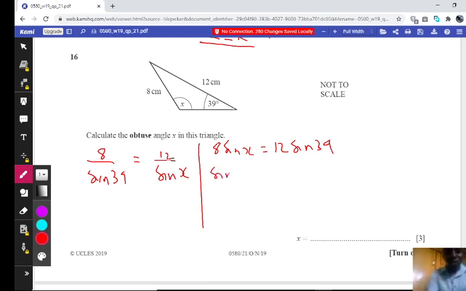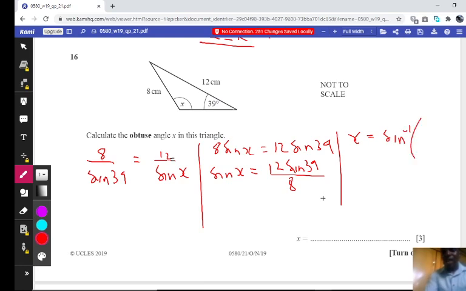If you divide by 8, you get sine x equals 12 sine 39 over 8. Then to get x, you say x equals, introduce arc sine of 12 sine 39 over 8. So what is the arc sine of 12 sine 39 over 8? You find your calculator. Please take note of that. Then first you punch 12 sine 39.